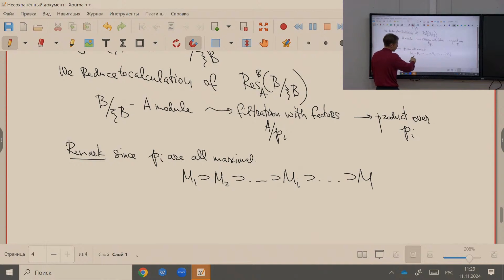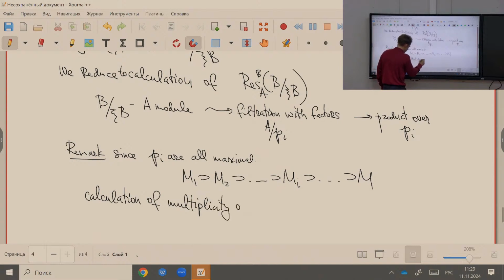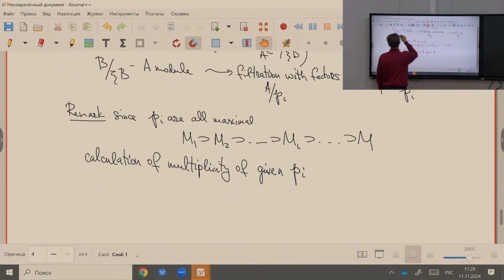So you can do the following: you can localize this. The calculation of the multiplicity of the given P reduces to taking localization.